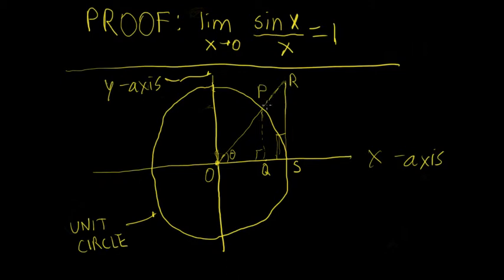Point R is where the segment from O to point P, if it's extended, meets this tangent to the unit circle perpendicular to the x-axis.